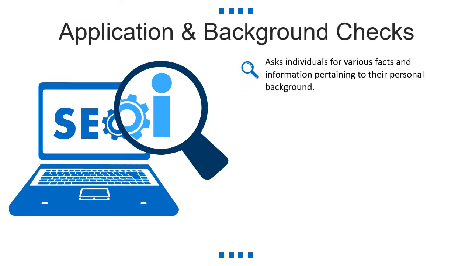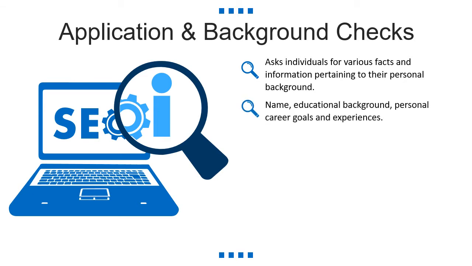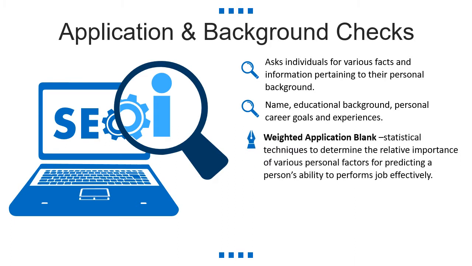Applications and background checks. During this phase, individuals are asked for various facts and information pertaining to their personal backgrounds. For example, the name, educational background, personal career goals, and experiences. We have two types of application blanks.